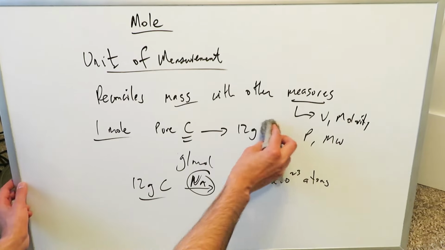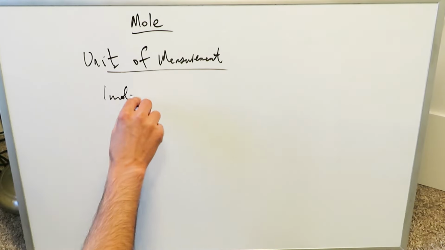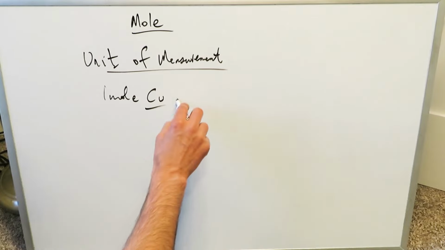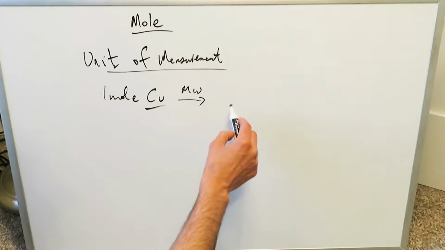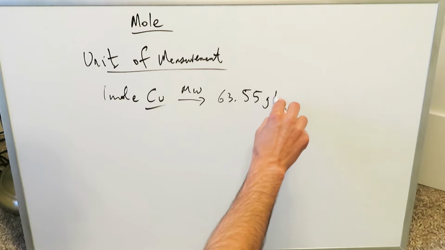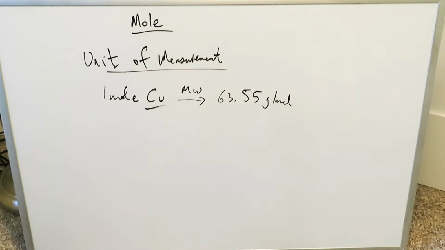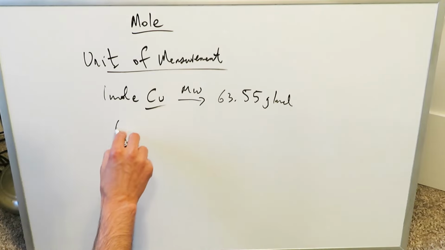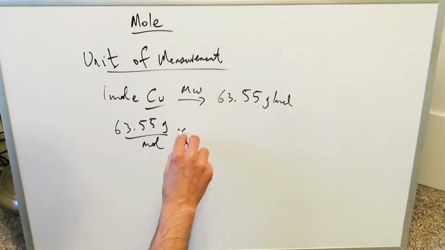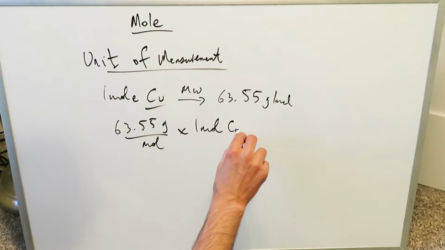And let me show you what I'm talking about. If you have 1 mole of copper, what are you indicating by 1 mole of copper? Then you just look at its molecular weight, and that's, what is it, 63.55 grams per mole. That's what you have. And then when you're looking at this, if you're looking at 1 mole of copper, you have 63.55 grams per mole times 1 mole of copper, and look what happens.